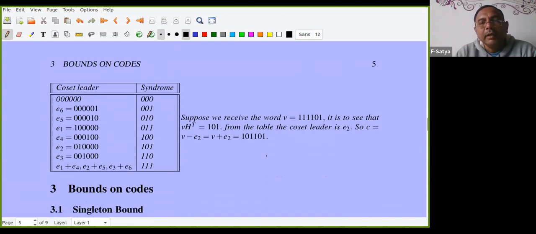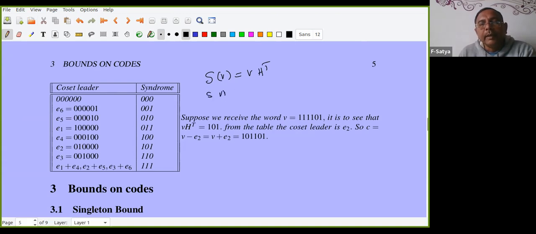We have all possible vectors here, F power 3, that is n minus k. The syndrome is a map, and S of V is equal to V H transpose. What is the pre-image of 0 0 0?